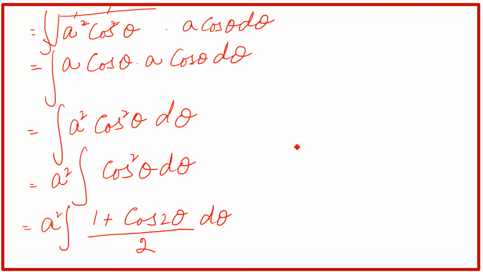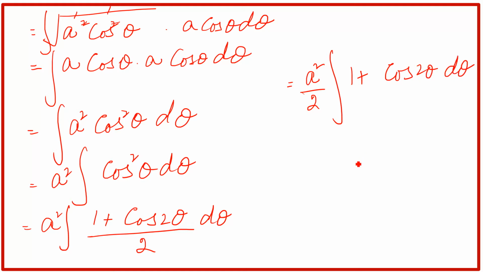Again this 2 is constant, so we can write a square, which is already here, divided by 2, integral of 1 plus cos of 2 theta d theta.